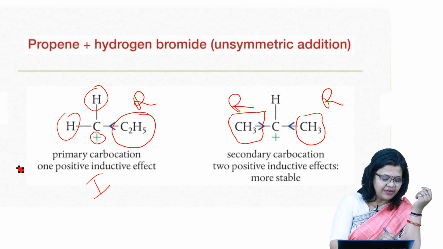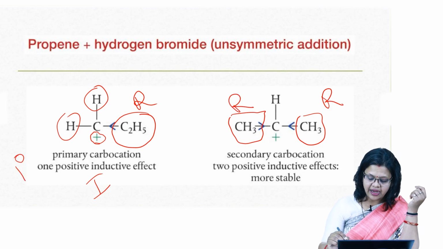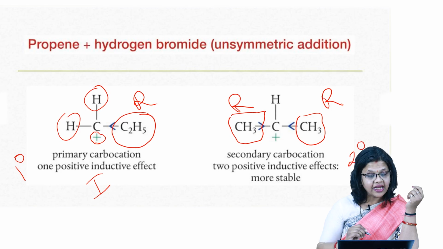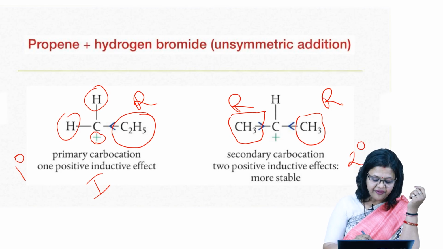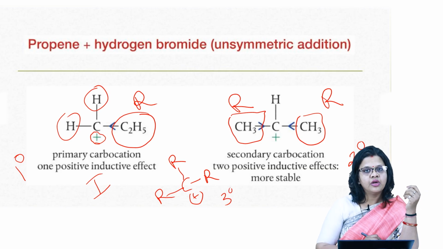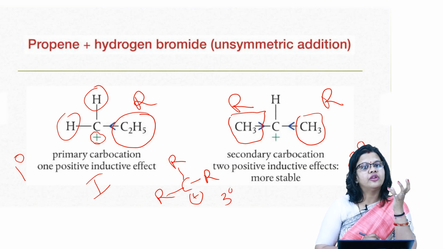So this is termed a primary carbocation, and this is termed a secondary carbocation. Similarly, if the carbon had three alkyl groups, this becomes a tertiary carbocation.